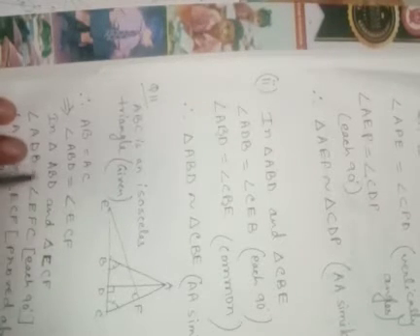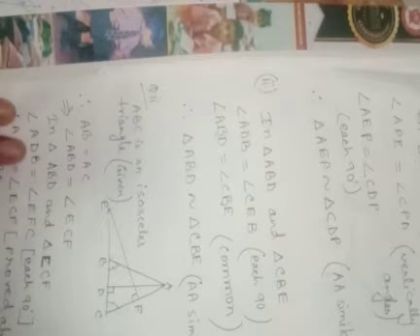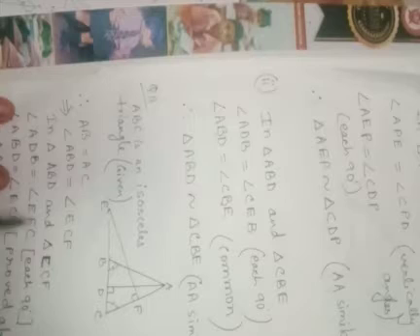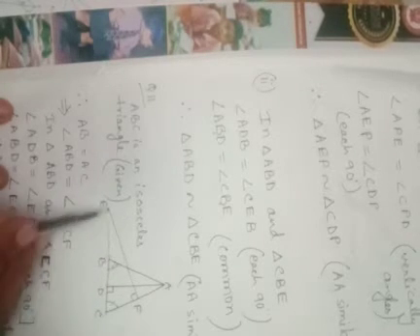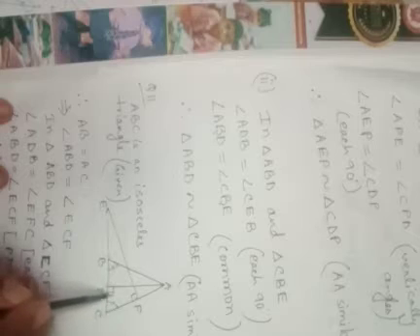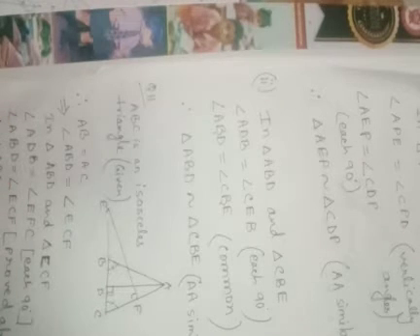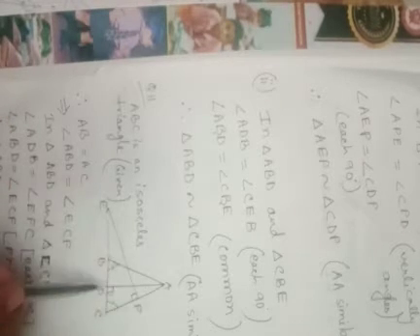So in triangle ABD and triangle ECF, angle ADB is equal to angle EFC, because both are 90 degree. Just now I have told you, because AD is perpendicular on BC and EF is perpendicular on AC, so they make 90 degrees.